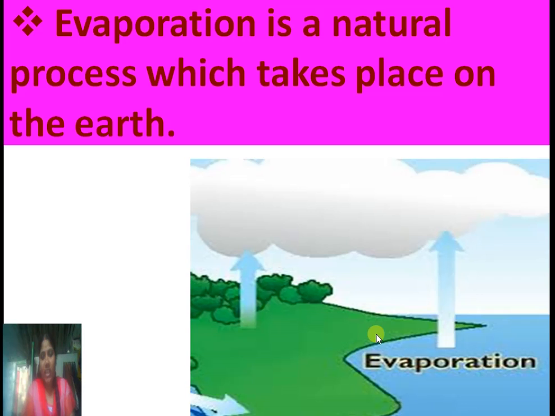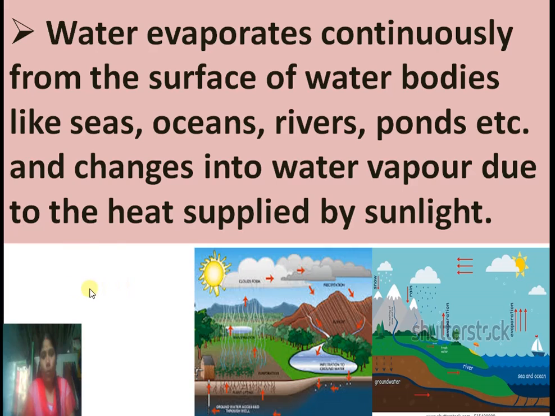Evaporation is a natural process which takes place on the earth. Water evaporates continuously from the surface of water bodies like seas, oceans, rivers, ponds, etc. and changes into water vapor due to the heat supplied by sunlight.